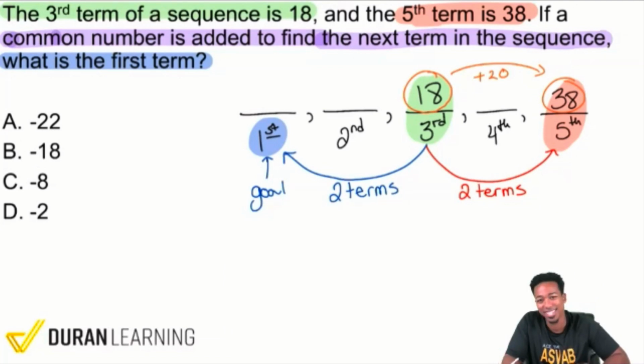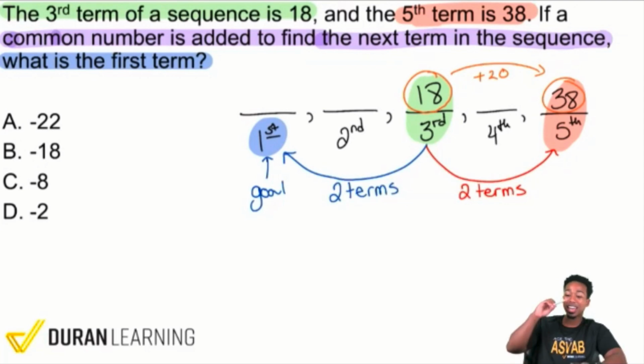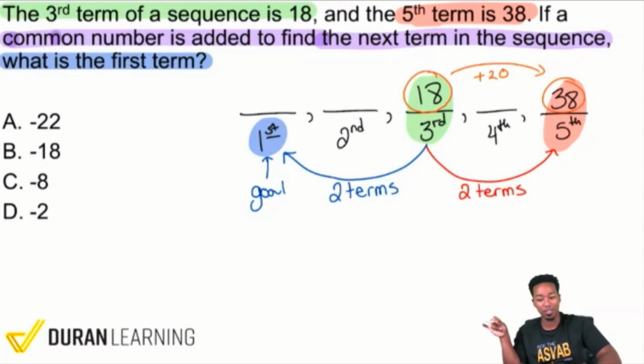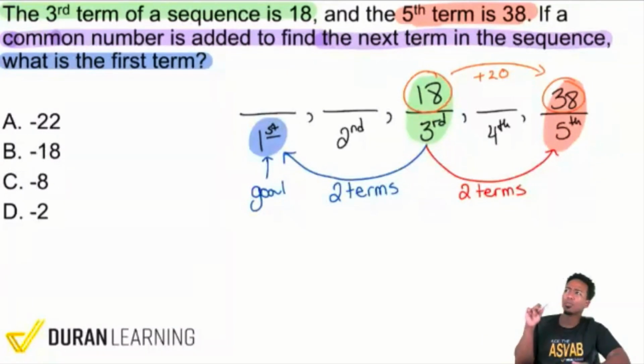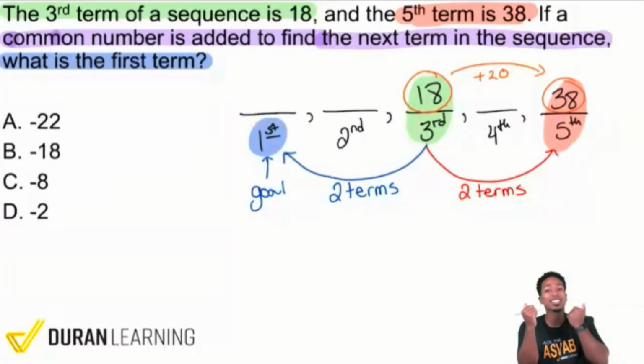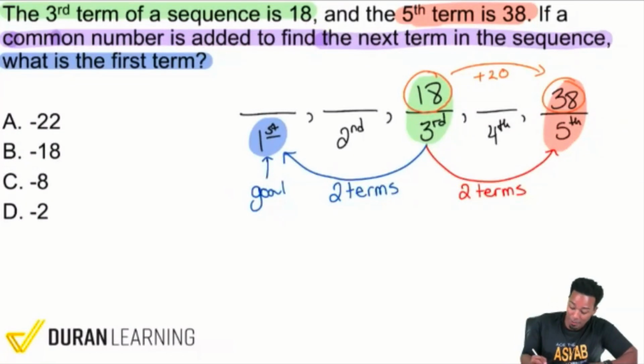Because if I went up 2 terms and I added 20, what am I going to do if I want to go back 2 terms? Yes. Subtract 20. One more time. If we go up 2 terms and add 20, if I'm going back 2 terms, I'm subtracting 20.